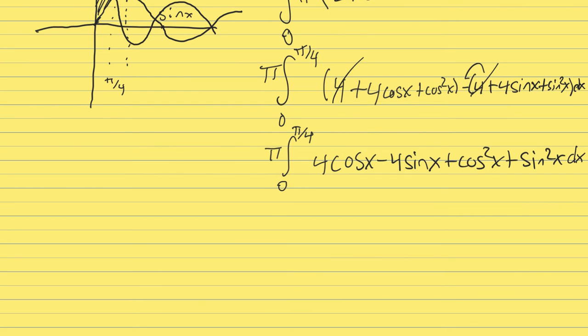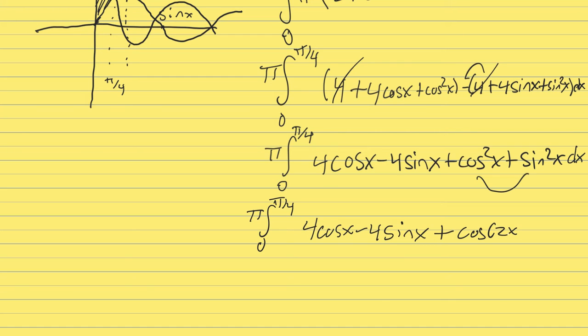Now we're almost done, but before we move on, we're going to use a trigonometric identity that we should all know. Cosine squared x plus sine squared x is the same as saying cosine of 2x. So we're going to rewrite that as 4 cosine x minus 4 sine x plus cosine of 2x. That just makes our lives a lot easier when integrating and evaluating limits after integration.